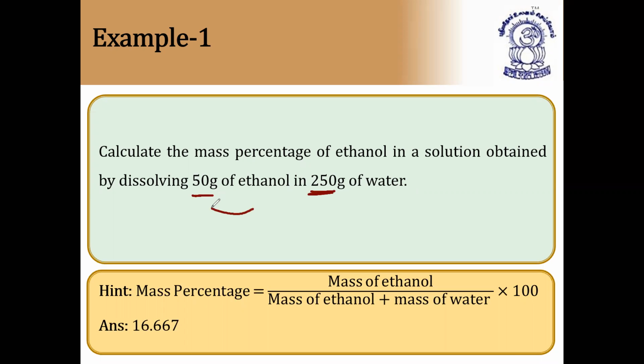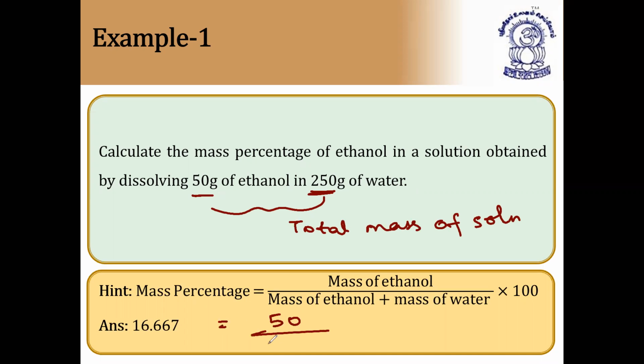Total mass is 50 plus 250, which is equal to 300. So mass of ethanol 50 by 300 into 100, then you'll get 16.67. 50 by 3 is 16.67. So it is clear now.